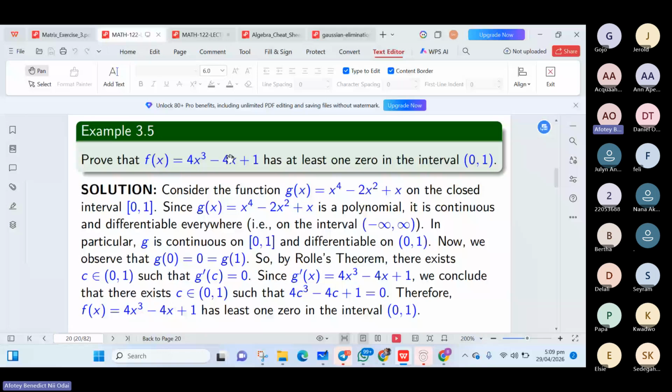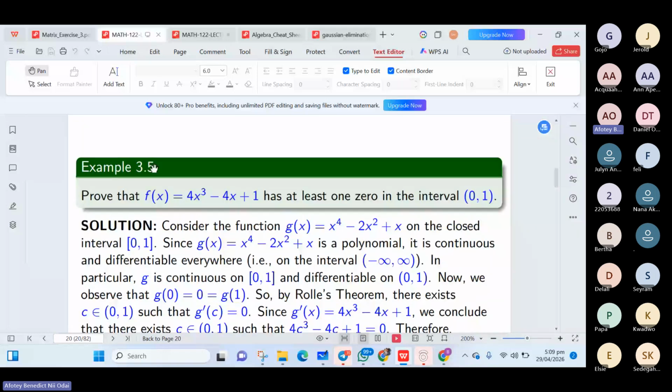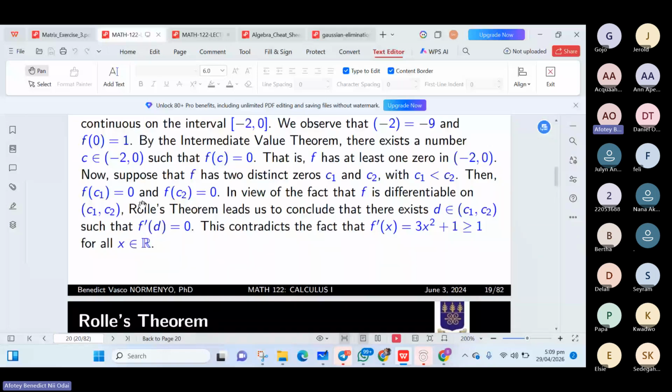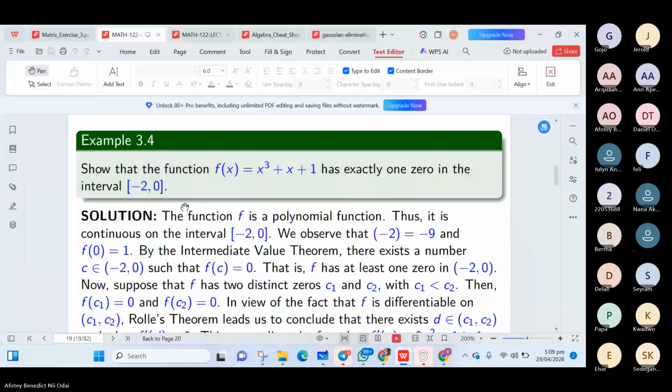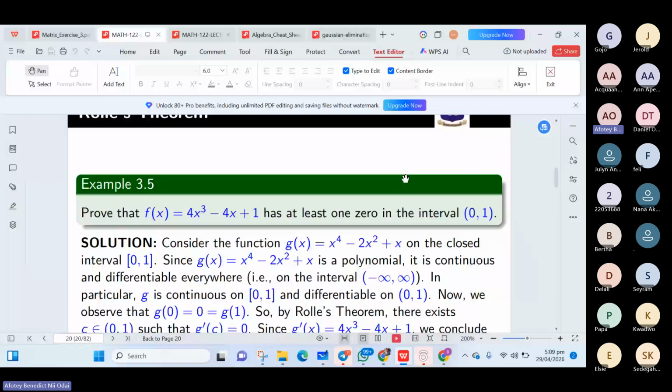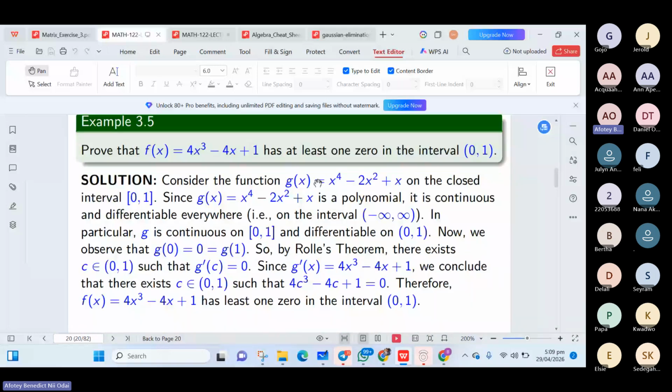It's also one of those cases that you have at least one solution, right? Because once f of x is equal to 0, the number of solutions you get depends on the power of your function. Now this is similar to the one we've done up here. This one is saying exactly 1 zero, but this one is saying that it has at least 1 zero in the interval.